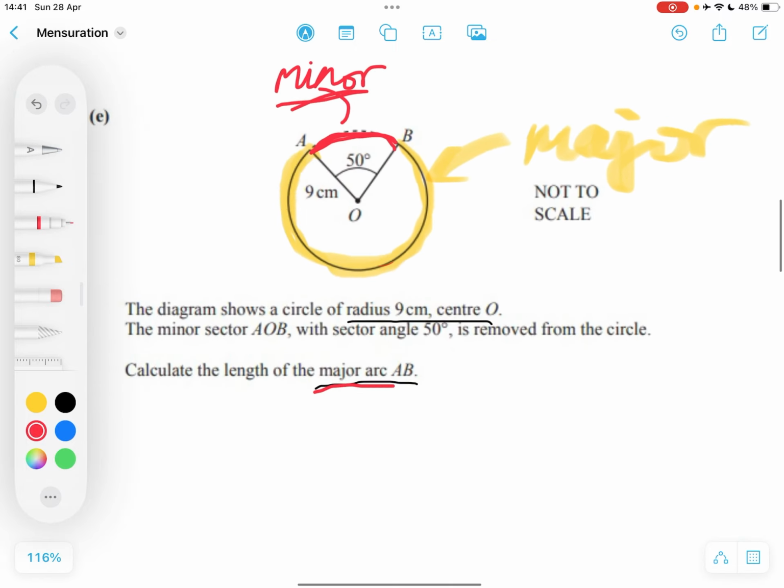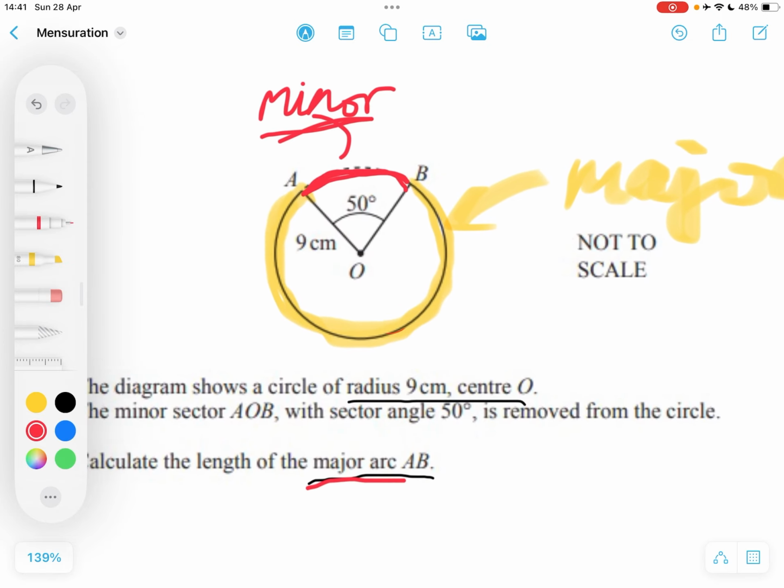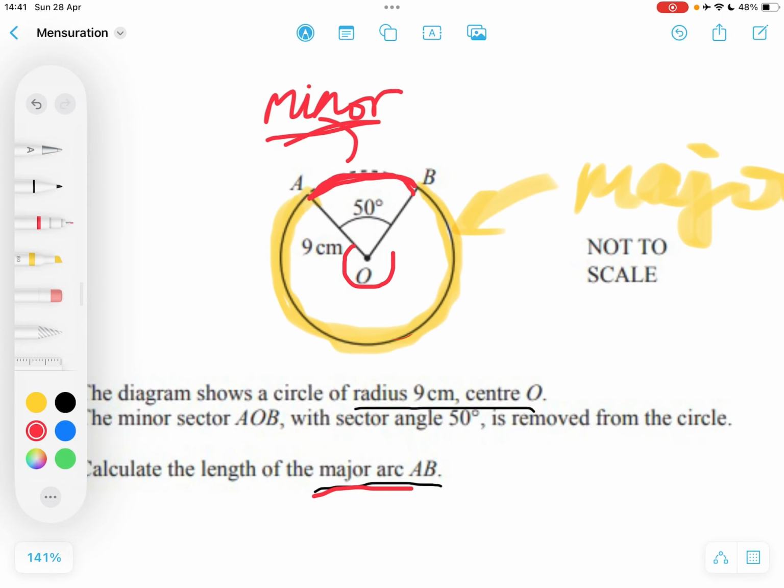So to do this, we need to firstly calculate this angle here. And that would be 360 minus 50, which is 310, since a full rotation in a full circle is 360 degrees.